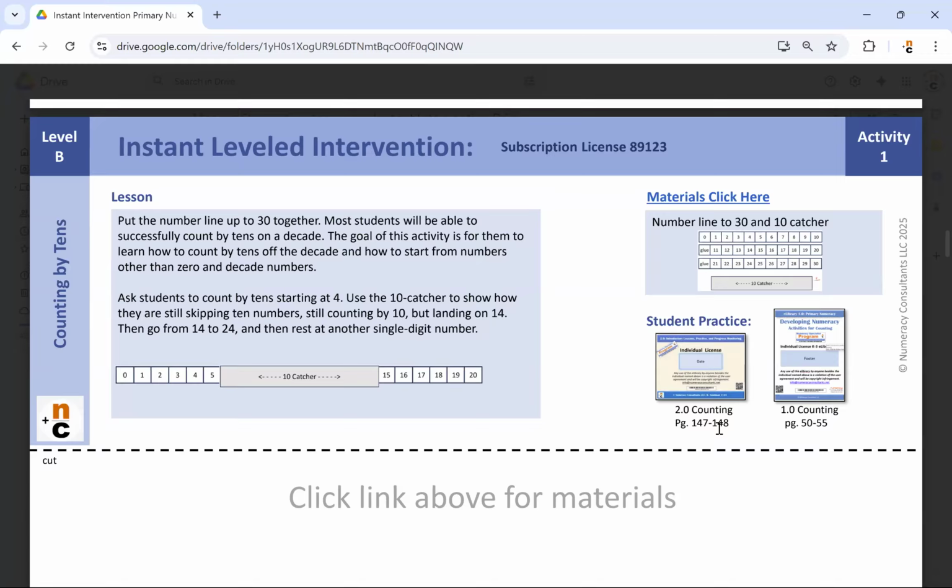That's a place where you could go. But you may have already used that 2.0, page 147, 148 when you did your introduction lesson. So then you may say, all right, I'm going to go to the eLibrary 1.0. The 1.0, which we haven't gotten into, has a lot of extra practice in there. So you can also go there to get additional practice pieces that will go along with exactly what this lesson is. Okay.